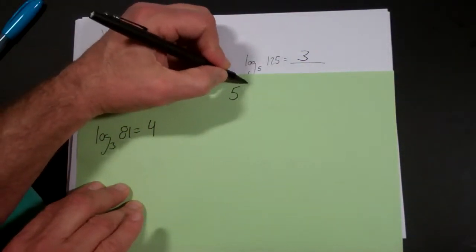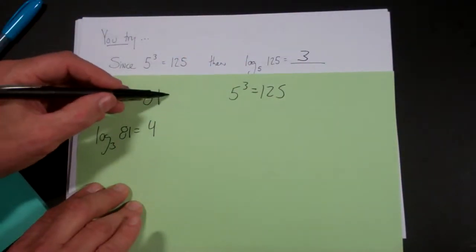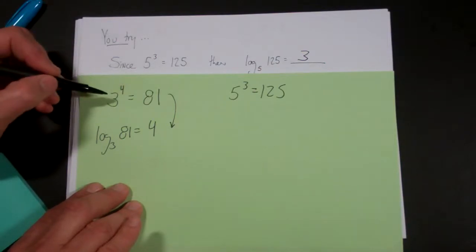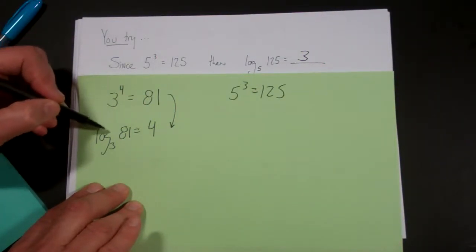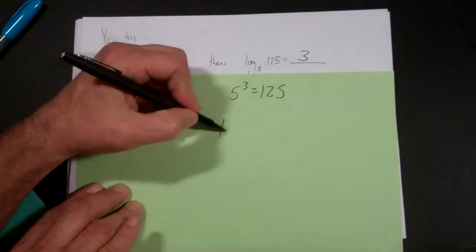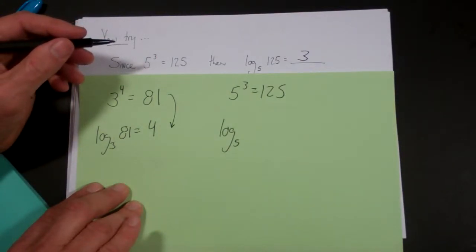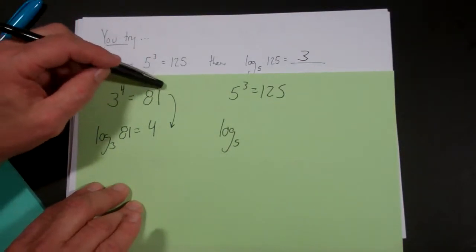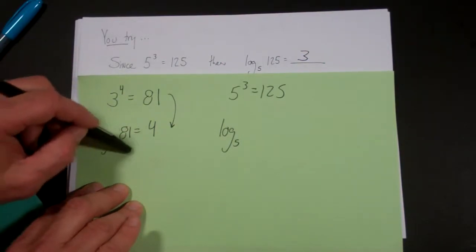Here we have 5 to the 3 is equal to 125. Let's notice the placement here. The base of the exponent is 5, so the base of the log is 5. So that's log base 5, because it's 5 to a power. The 125, which is the result of the exponential function, is the argument of the log now.